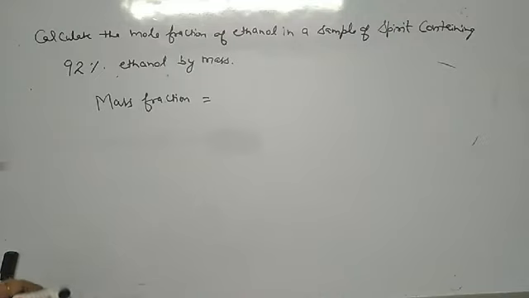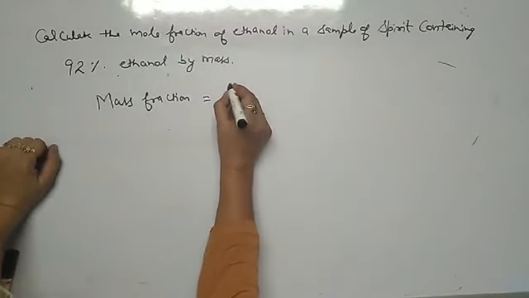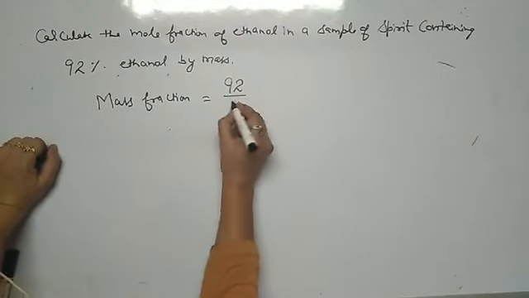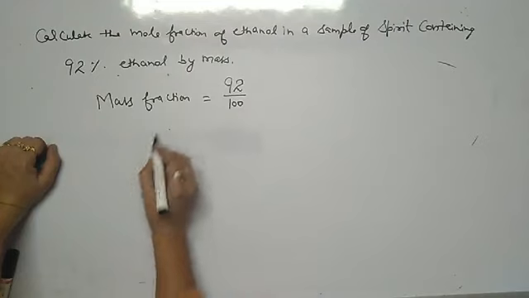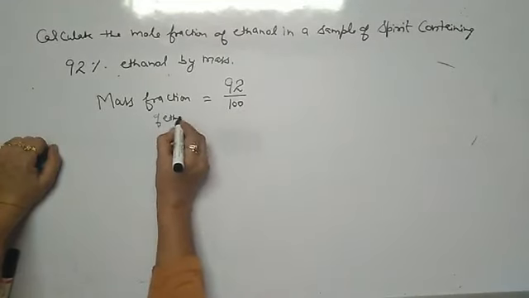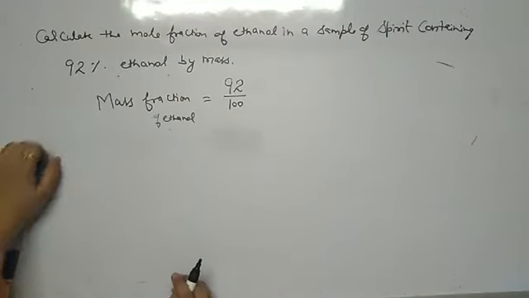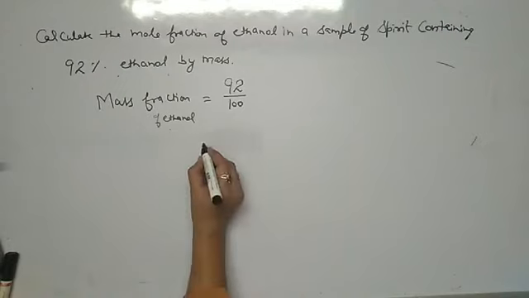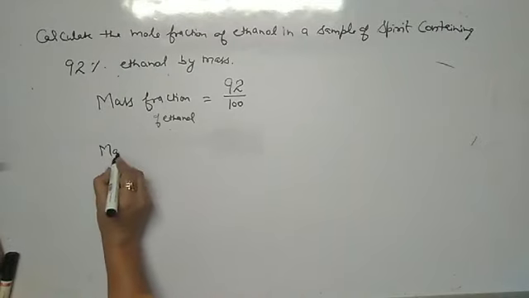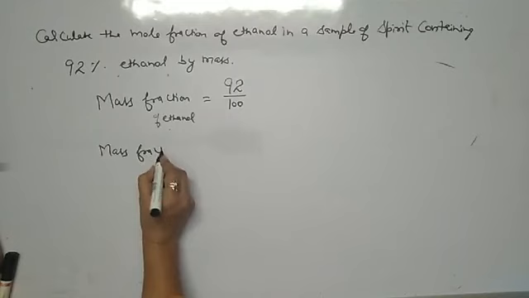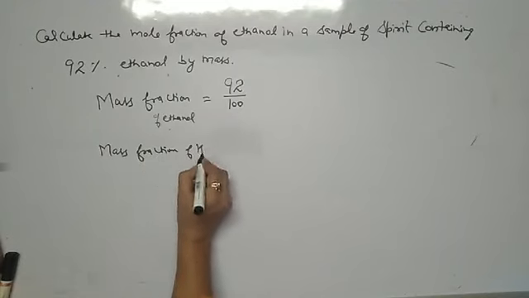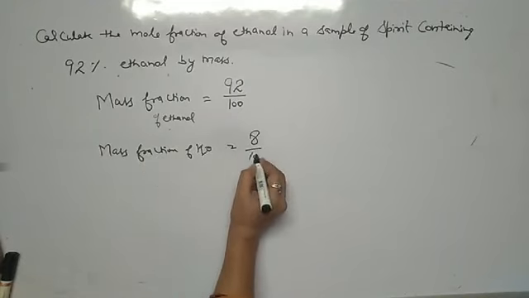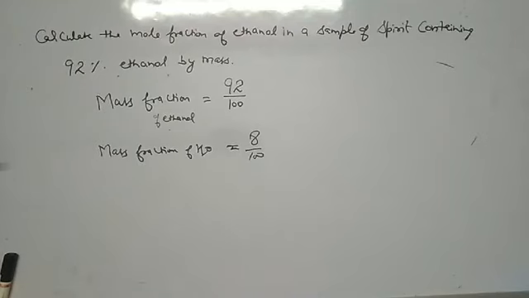And the mass of the total solution is 100. At that time the mass fraction of ethanol is 92/100. Is it clear? And the mass fraction of water will be equal to 8 upon 100. Is it clear? So you can find it by this.